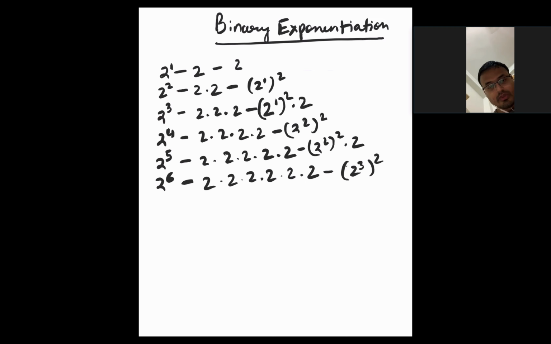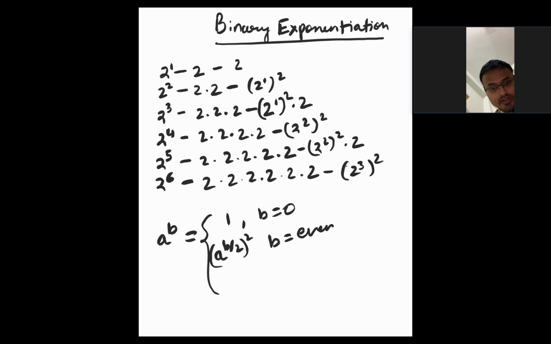Okay, so now we can see the pattern, right? The pattern is: a raised to power b equals 1 if b is 0; the square of a raised to power b by 2 if b is even; and the square of a raised to power (b minus 1) by 2, into a, if b is odd.